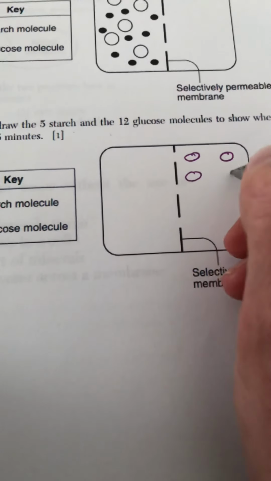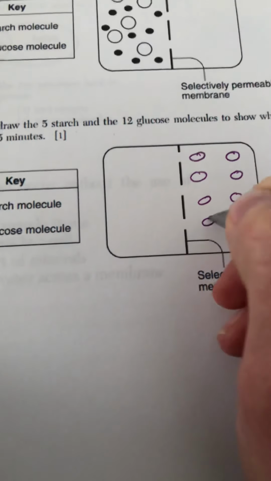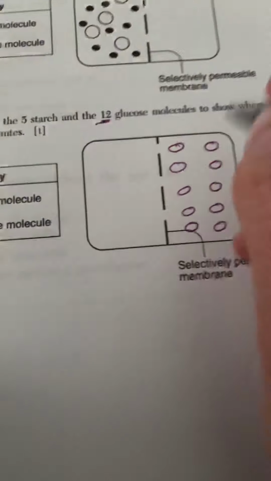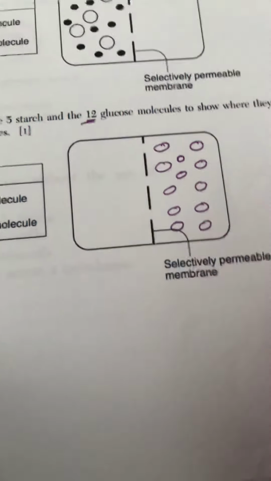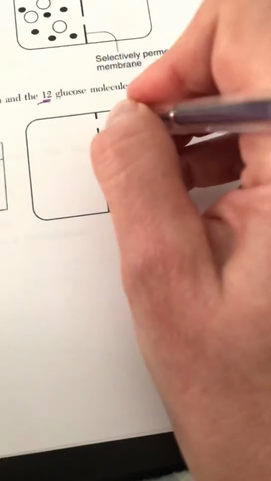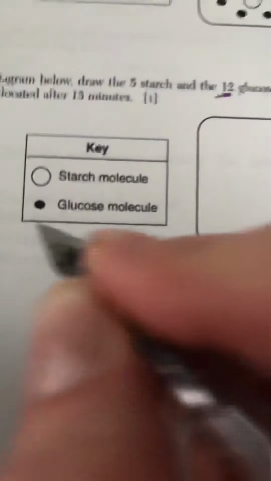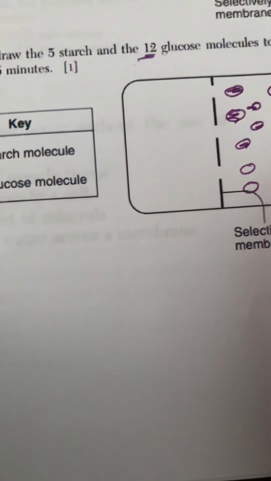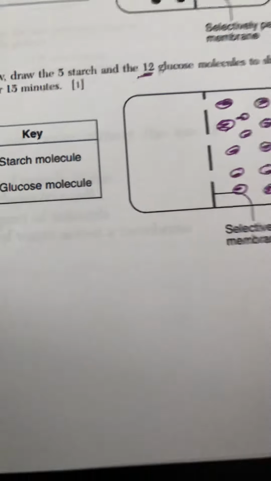1, 2, 3, 4, 5, 6, 7, 8, 9, 10. Not enough. They want 12. 11, 12, and you could color those in because those are dark, right? Because the key tells you they're dark in color. And then my starches will not.